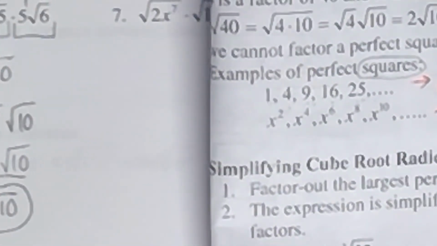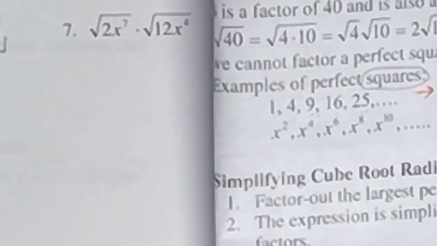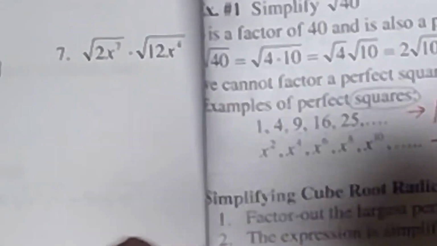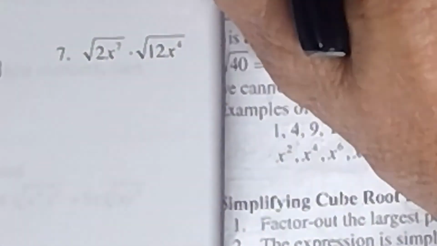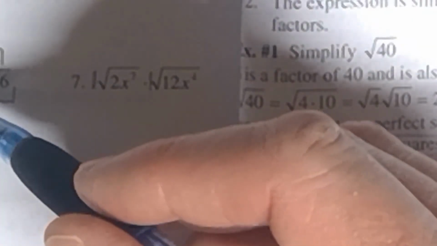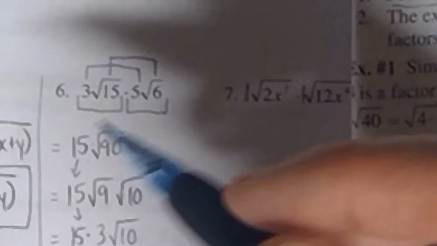Let's take a look at the last two right here. Notice in this one you have a radical times a radical. That's also a radical term times a radical term. It's just that there are invisible 1s in front of each radical here. So you could still multiply outside times outside like I did in the last problem when we did 3 times 5.